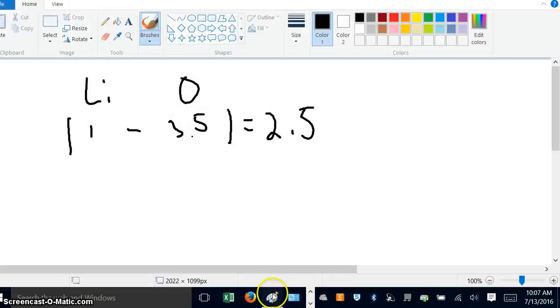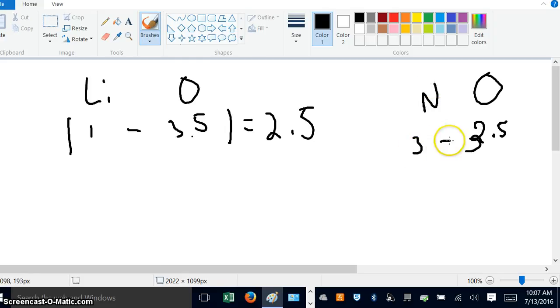Oxygen's is 3.5, and nitrogen was 3, I believe. You take the absolute value of the difference between those, and you get 0.5, which is actually a little bigger than I wanted it to be, but that's okay.